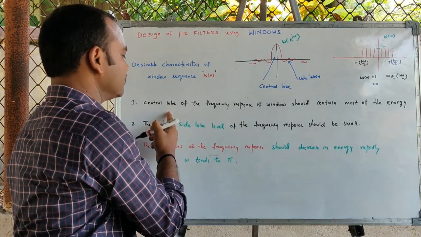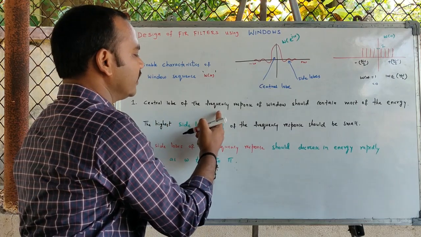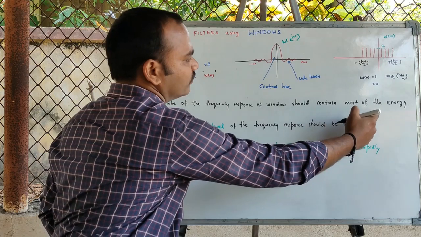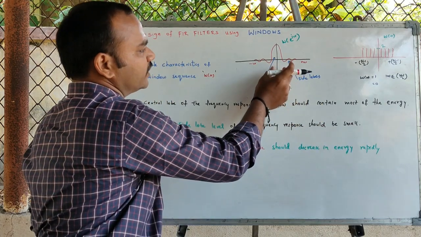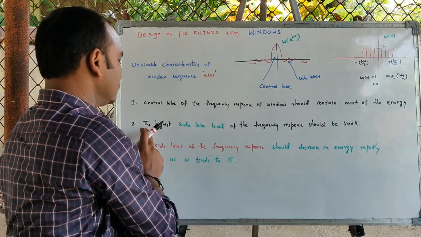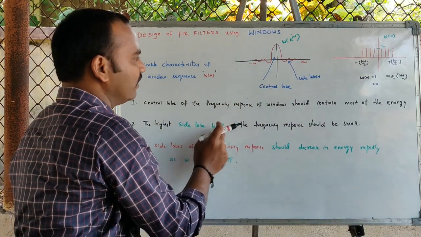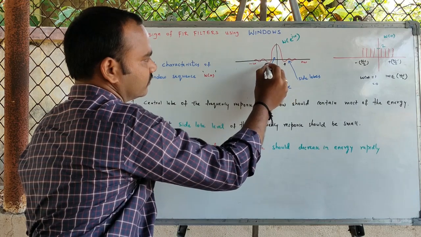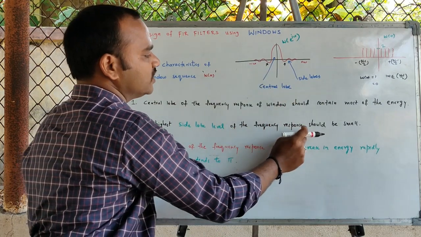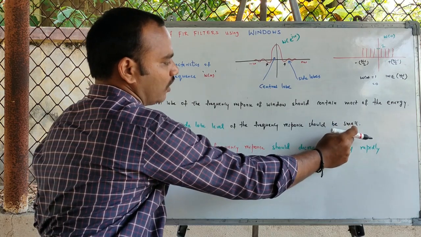The first one is the central lobe of the frequency response of the window should contain most of the energy. That is, the energy should concentrate in the central lobe. The second point is the highest side lobe level, this one. The highest side lobe level of the frequency response should be small.